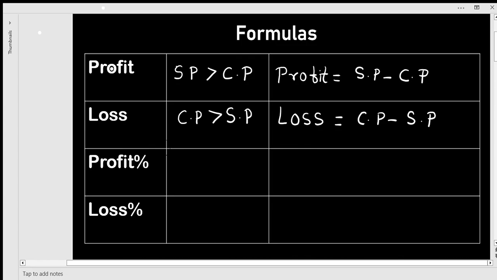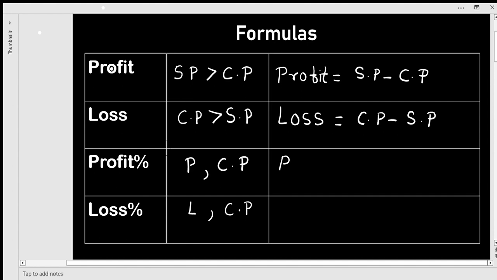Then next session we have seen profit percent and loss percentage. When profit percentage is calculated, we require profit and we require CP. And for loss percentage, we require loss and we require CP. As I have already told, loss percentage and profit percentage are relative to cost price.